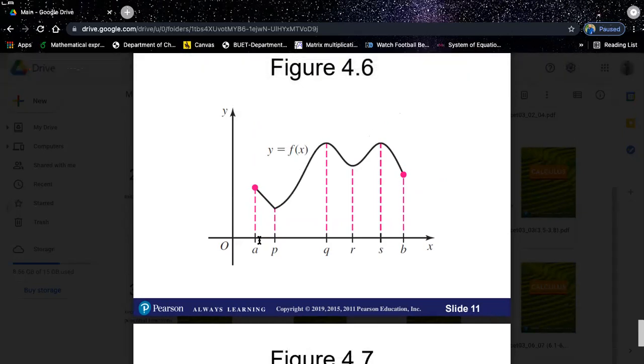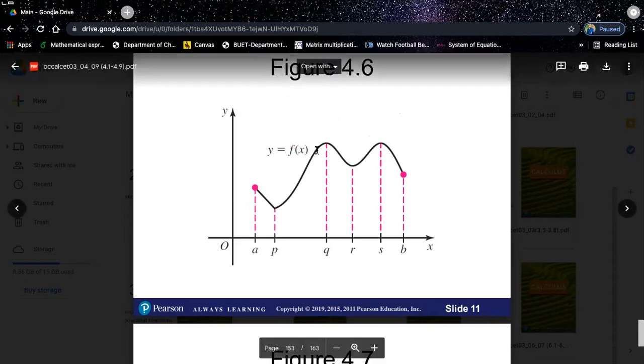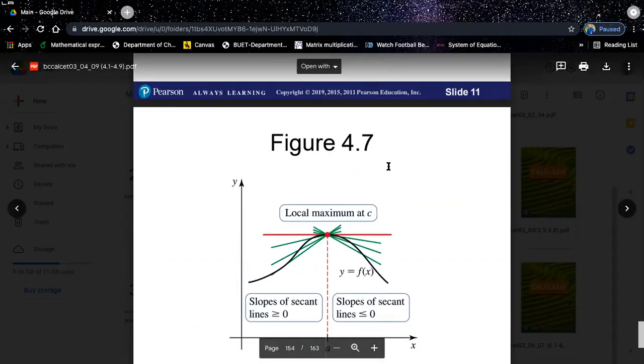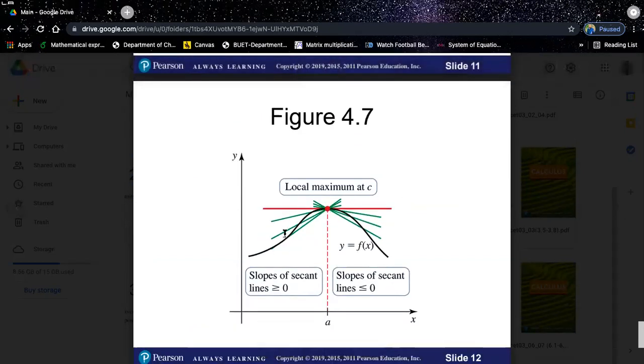Just try and draw a line like this. Don't trust me, okay? If you go like this, it will definitely create an angle less than 90 degrees. So that's what it says. Before the maximum point, your slope will be positive. Do you agree? Do you agree with this?